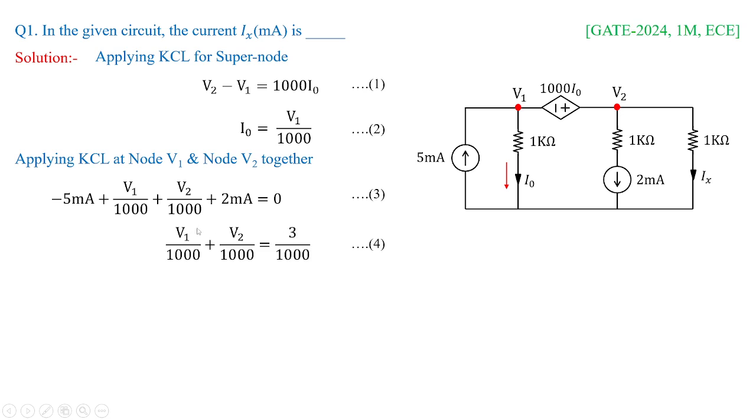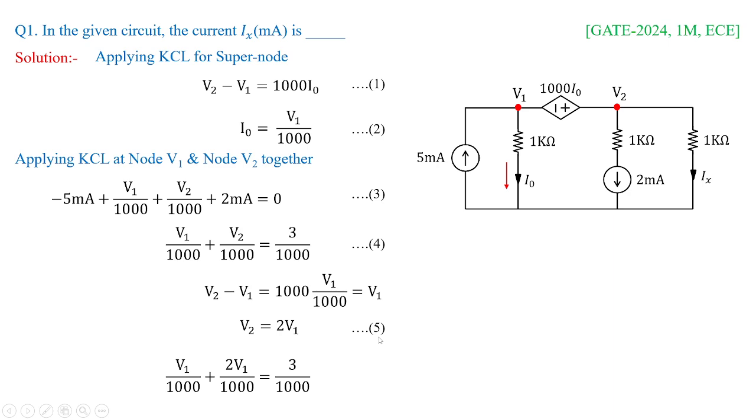Now solving equation 3, it resolves into equation 4 like this. In fact, we have V2 minus V1, which is nothing but substituting equation 2 in equation 1. We are going to get the value of V2 as 2V1 as equation 5, and with the help of equation 4, if you substitute these values, you are going to get V1 equal to 1 volt, which we frame as equation 6, and V2 will be 2 volts, which we framed as equation 7.